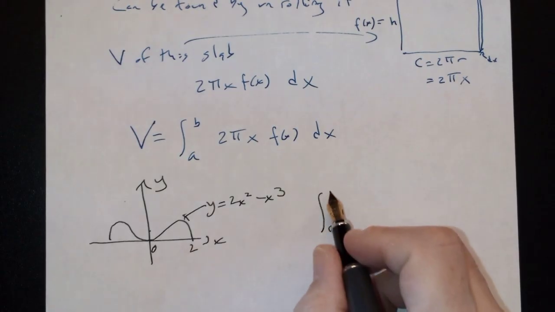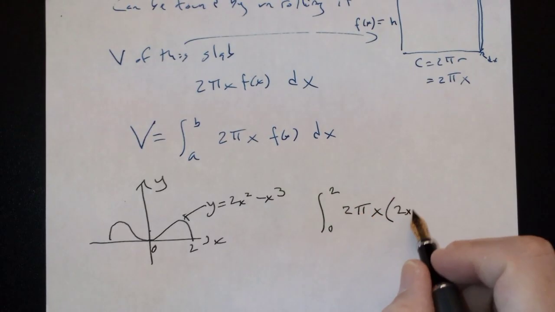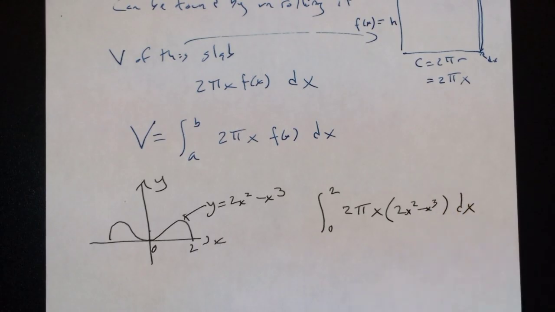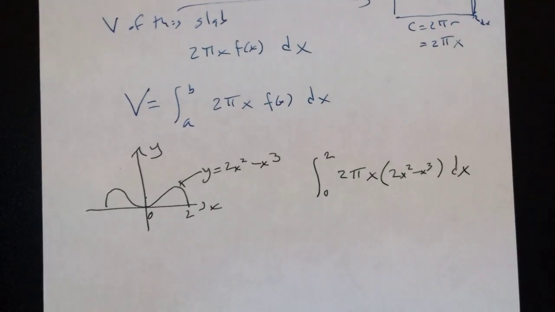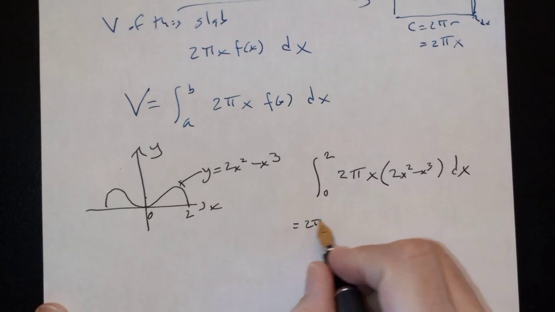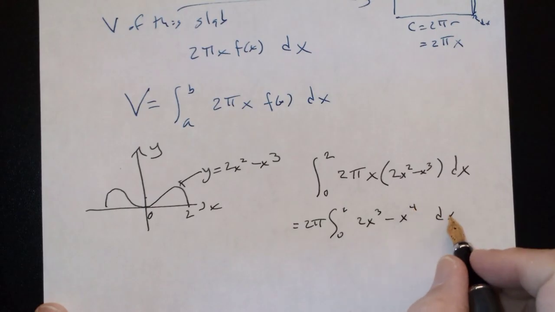So the integral is from 0 to 2. And that's an integral I can do. All I have to do is multiply the x into the parentheses. 2 pi is a constant. I can pull it out front. Two x cubed minus x to the 4th dx.